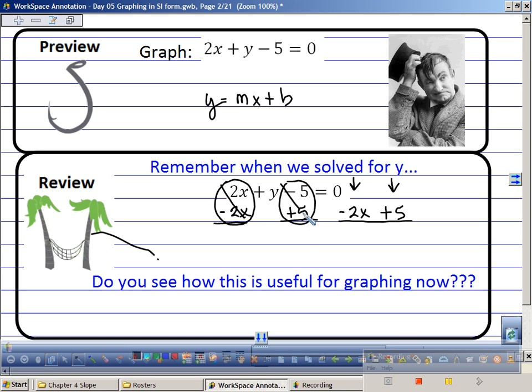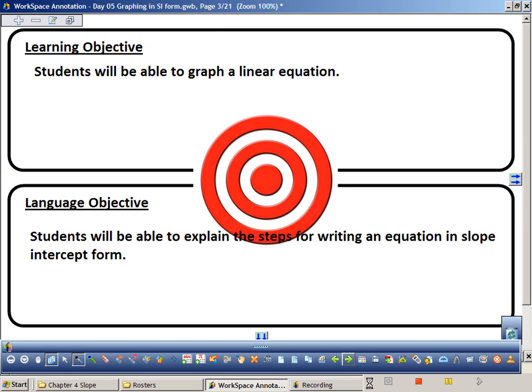This goes away. And I'm left with y equals 0 plus 5, which is just 5, and 2x. It is negative 2x. Thank you. Negative 2x plus 5. Now we could graph that, correct?